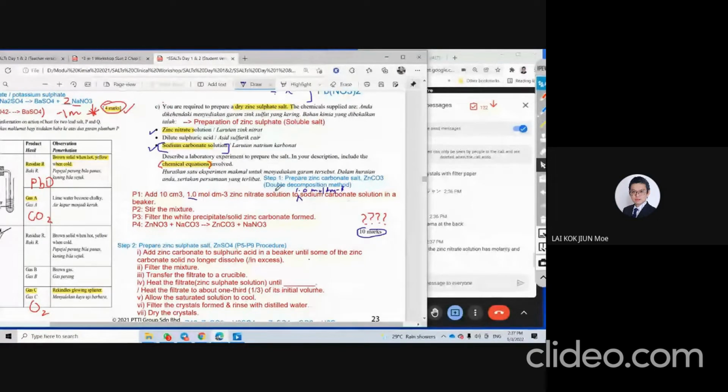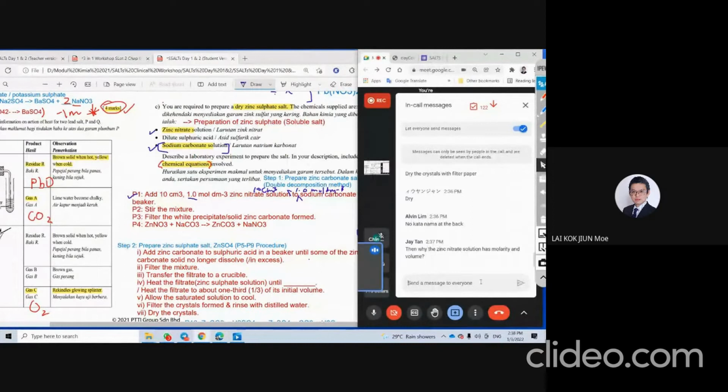Here we also have to add the volume, so 10 cm³ here also, and 1.0 here. So the first sentence is complete, because you have the volume and the molarity. Very good, Doris.